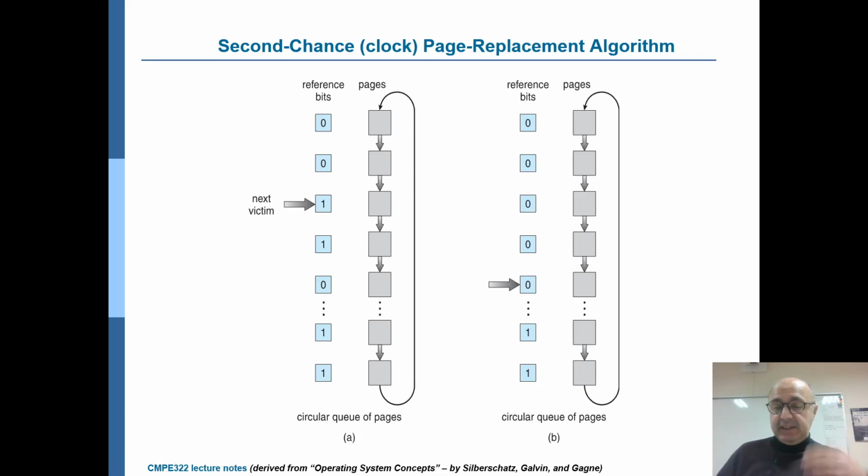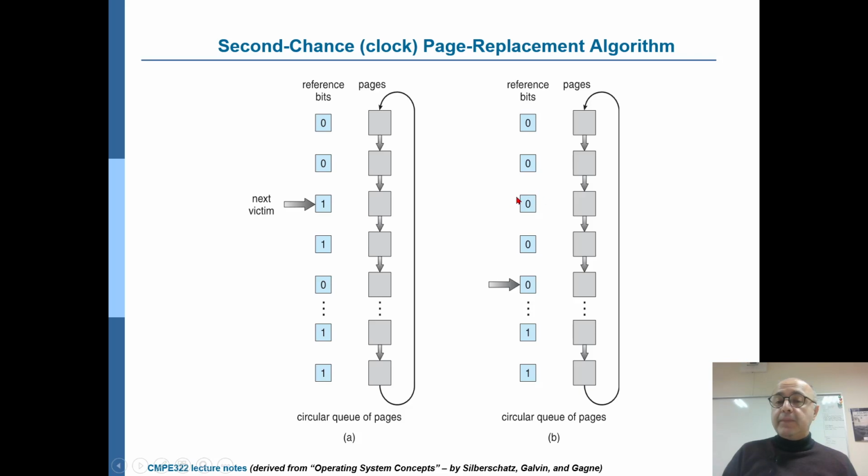Next time I need to find a victim, I will be looking into this one. Again, give a second chance to that one and reset its reference bit. Give a second chance to this one, reset it to 0. Come to this one, and this will be selected as a victim the next time. Meanwhile, remember, these 2 pages were given a second chance.